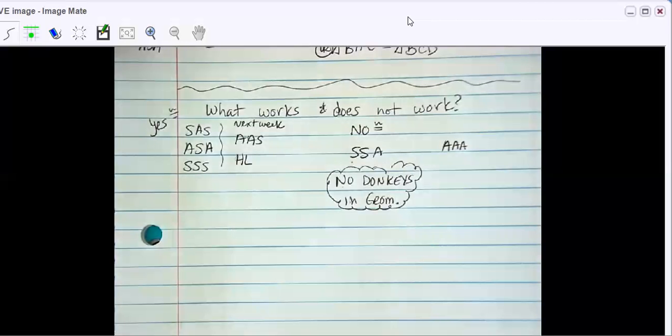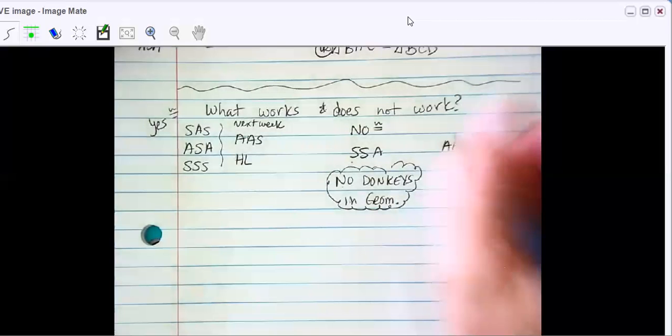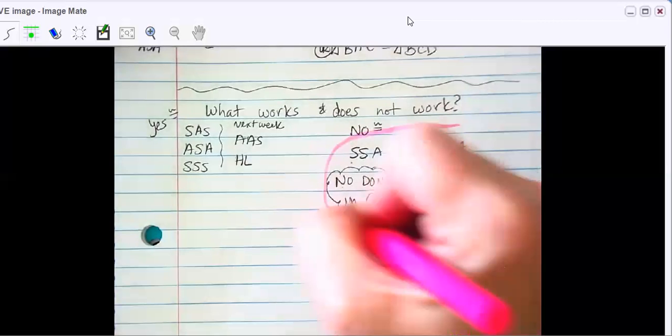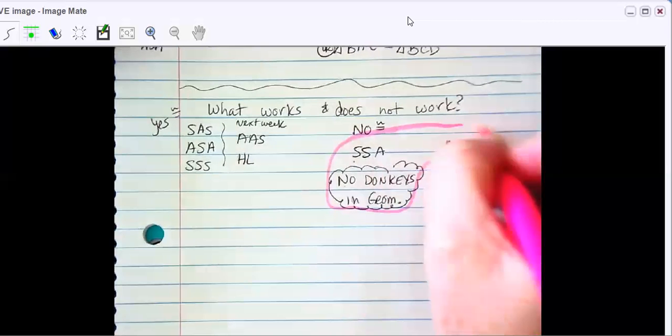So somewhere in there, we have to have an S, whether it's in the middle or on the edge. Okay, so that doesn't work. So these two do not work. And remember, no donkeys in geometry.